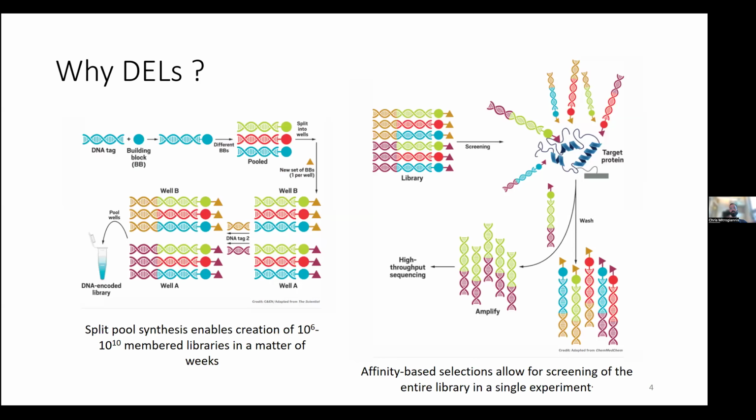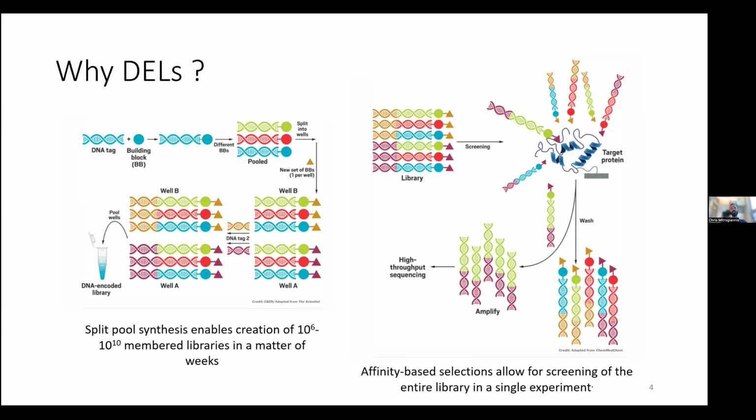So we need to find other, less time-consuming methods to find hits that are good starting points to continue development from. What we can do is use DNA-encoded libraries, a technology that allows you to use a DNA tag, which is both a reaction manifold and an information carrier.